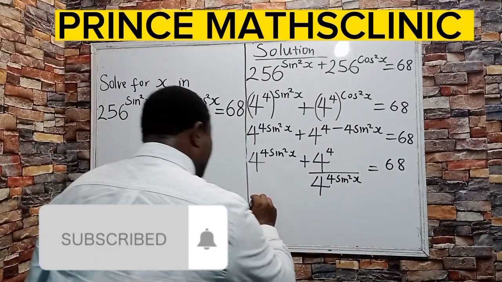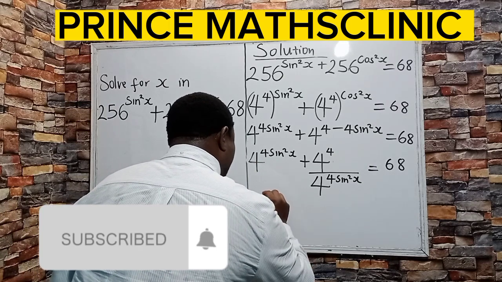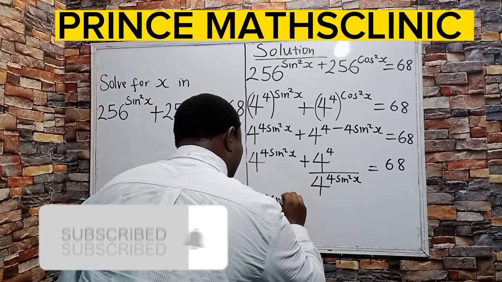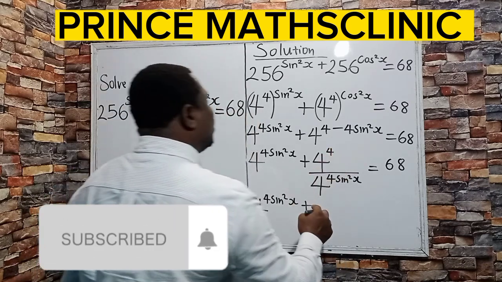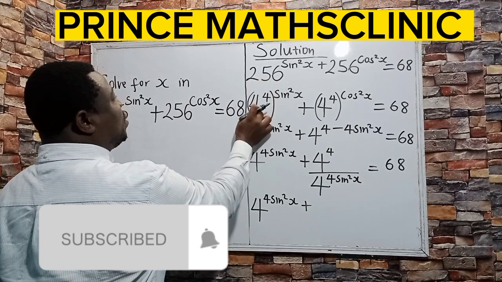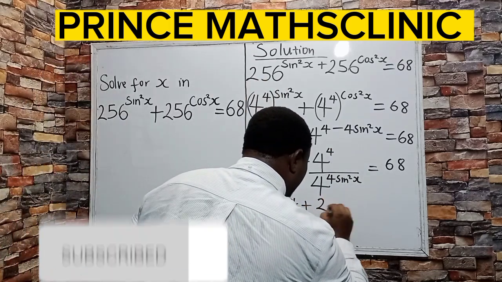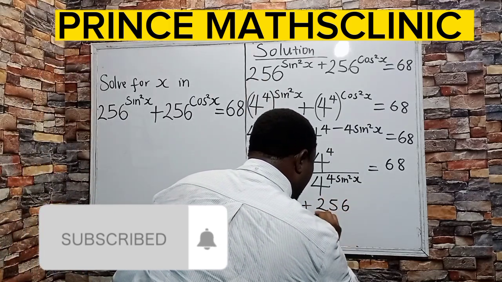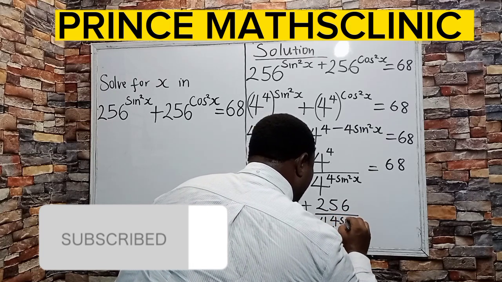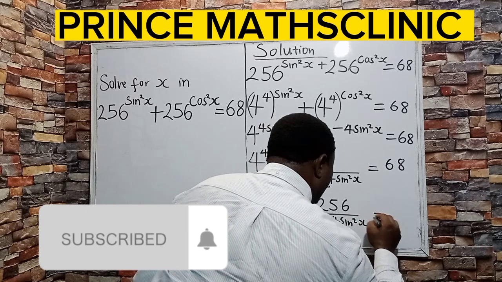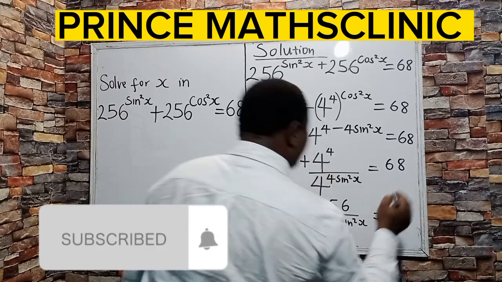Then at this point, you can write this as 4 to the power of 4 sine square x plus 4 to the power of 4, which is the same as 256. Remember, right? So 256, everything over 4 to the power of 4 sine square x, all equal to 68.